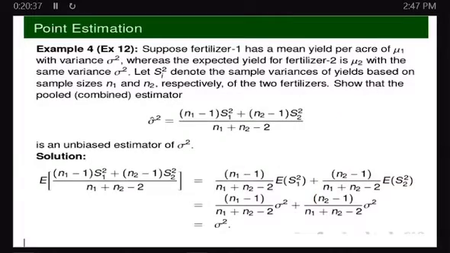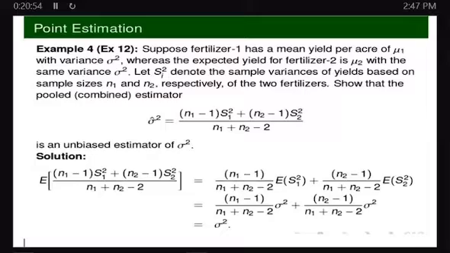Now, I want to quickly go into this. In lower level statistics, when you are trying to conduct a t-test, of course, we have so many assumptions in using a t-test.